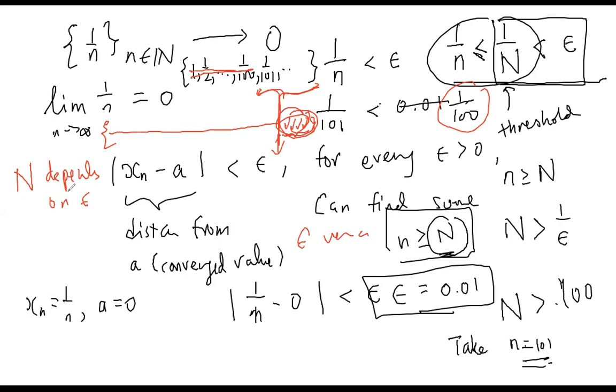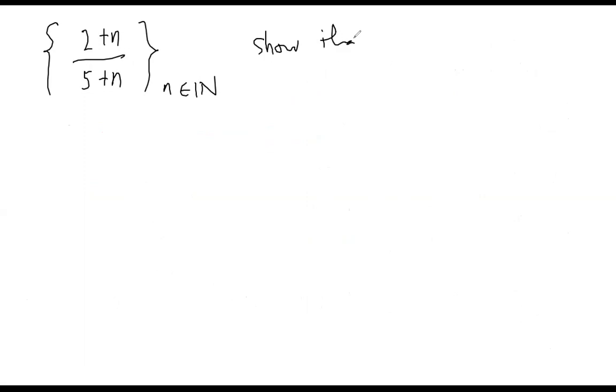So I give you another example in 3.4.3. You have this sequence, 2 plus n over 5 plus n. Show that this converges to 1.